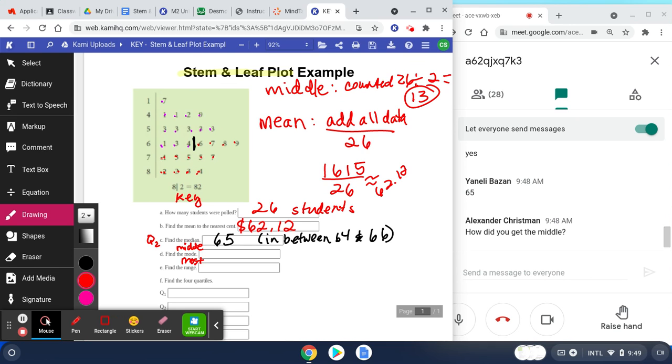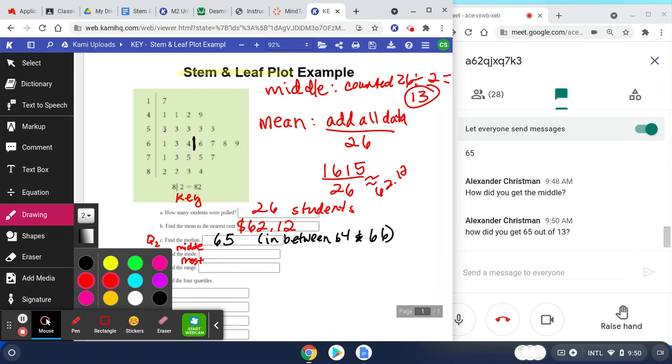1, 2, 3, 4, 5, 6, 7, 8, 9, 10, 11, 12, 13. Alexander, can you confirm if that makes sense now? How I divided the 26 by 2 to see what half of the data would be? Okay, so Alexander, when I count 13 things, watch with me. 1, 2, 3, 4, 5, 6, 7, 8, 9, 10, 11, 12, 13.